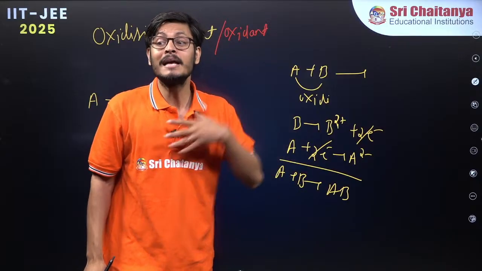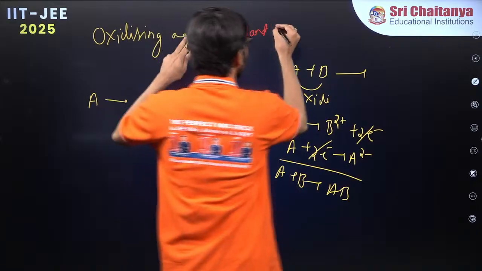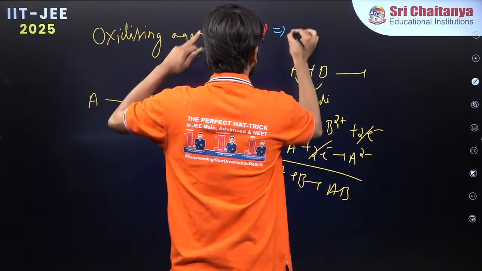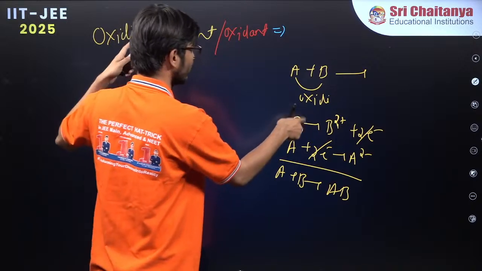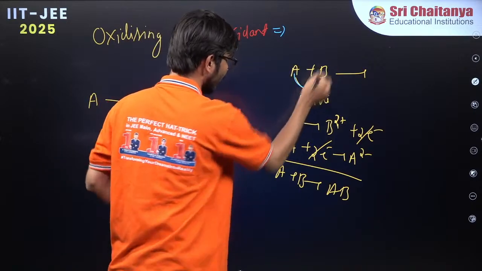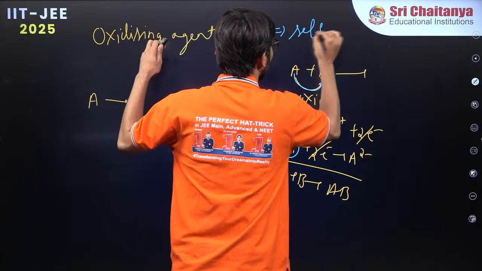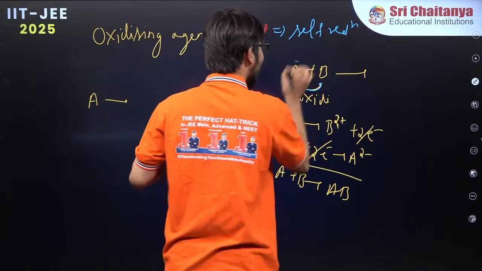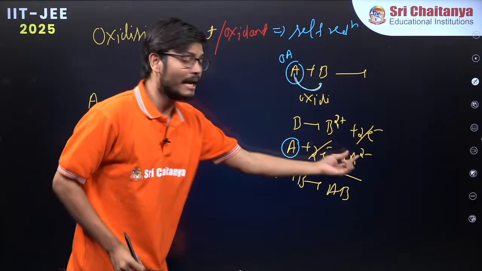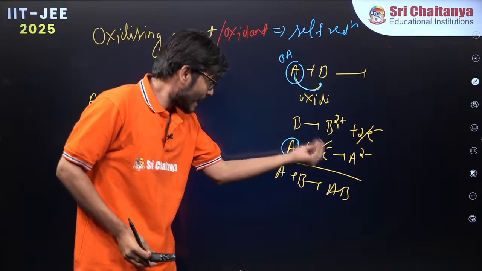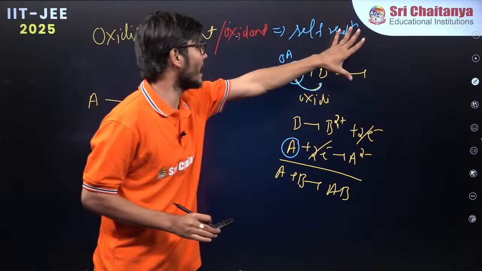B's self oxidation, right? A is going to oxidize B, so A is acting as an oxidizing agent, meaning what happened to itself? Reduction. So if A is acting as an oxidizing agent, A has to reduce itself. A has to accept the electron. Very simple. Oxidizing agent means self-reduction.